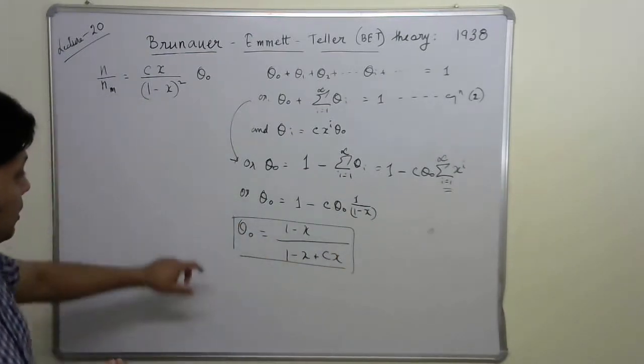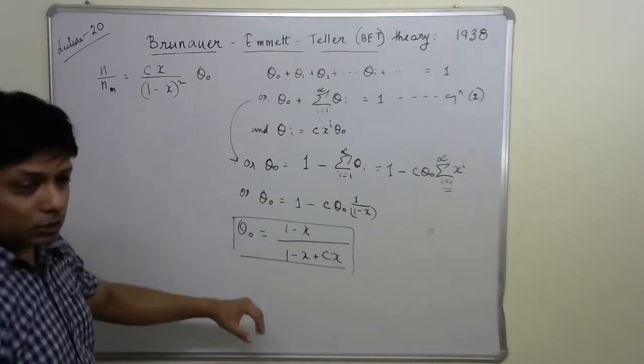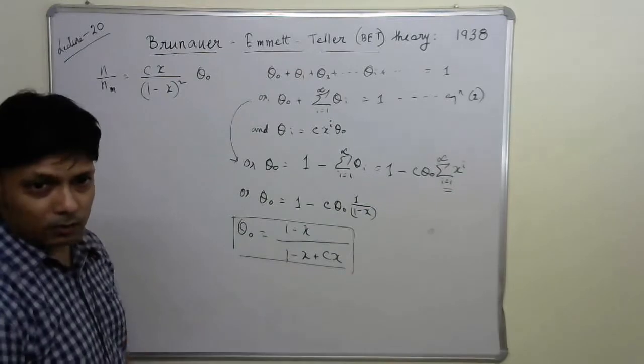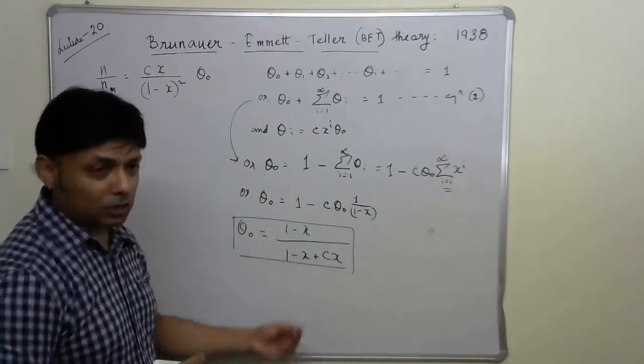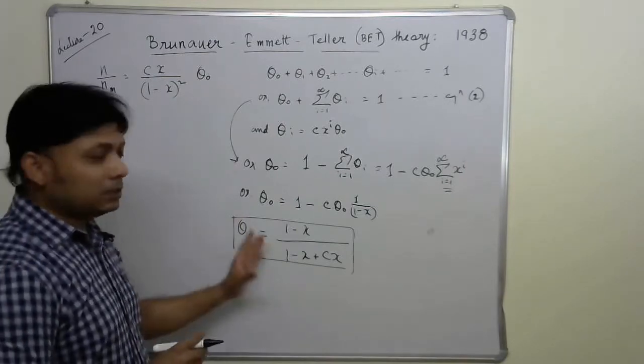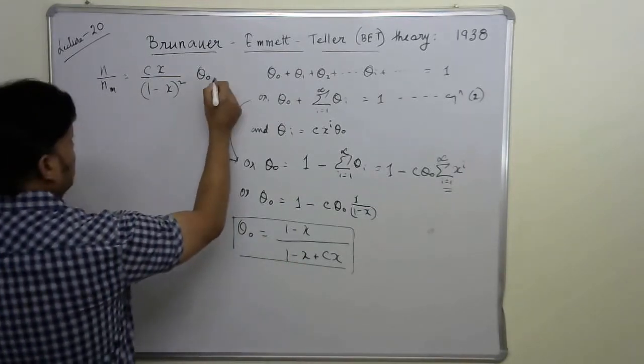Now you see we are successful in solving theta 0 in terms of x, and x contains the parameter p, pressure. So the BET equation is almost formed. We just have to replace theta 0 with this one.